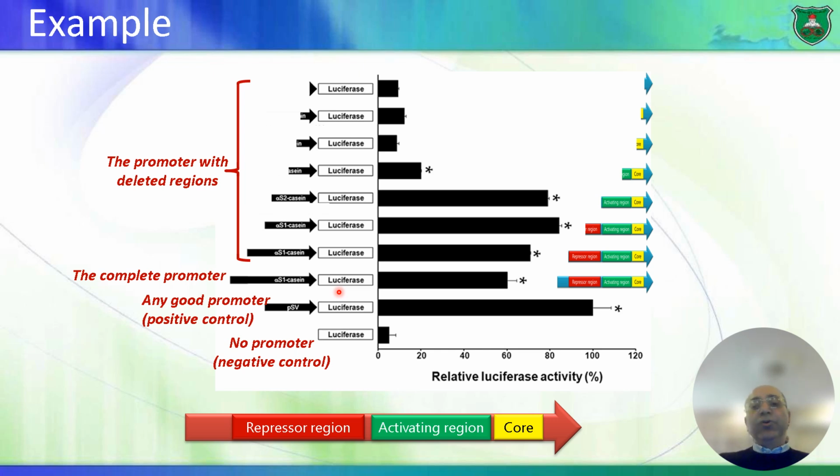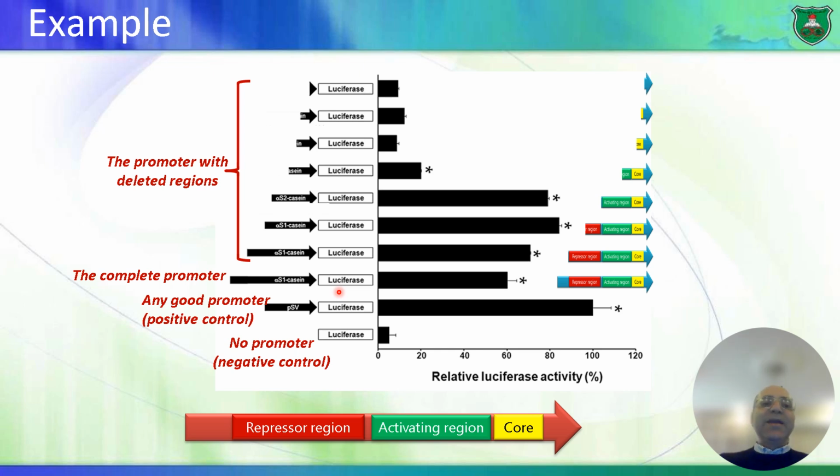Now, I have to have controls. I have to have things that either work or do not work, so that I can compare my experimental DNA with the controls to make sure that the conditions of my experiment are fine.